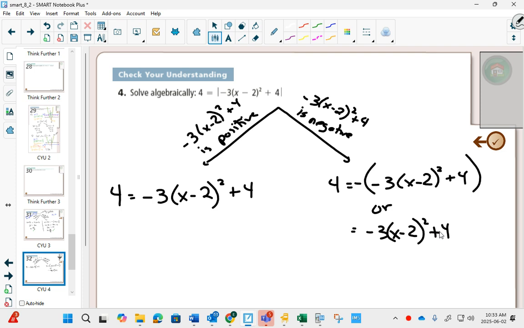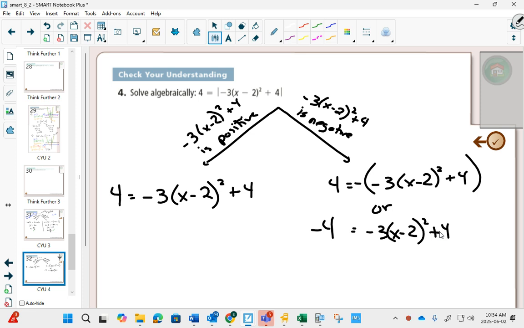If the inside is negative, what's it have to equal? It has to equal -4. So in dealing with that make it positive idea, you could either put the negative in front of the whole thing, or you could just say, oh, the other side has to be negative. So you can choose which side you want to make negative. In this case, I think it's a lot easier if I do the second way and just make my 4 negative.